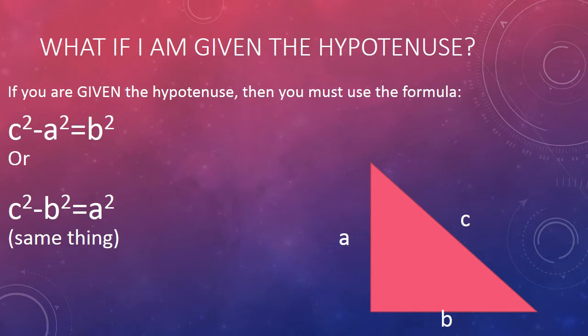C squared minus A squared equals B squared, or C squared minus B squared equals A squared. The second part of the equation depends on what side length you are given besides C squared. So this time you're not looking for A or C, but you're looking for B or A, depending on what your problem is asking.